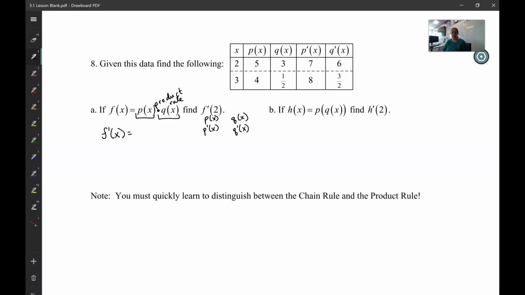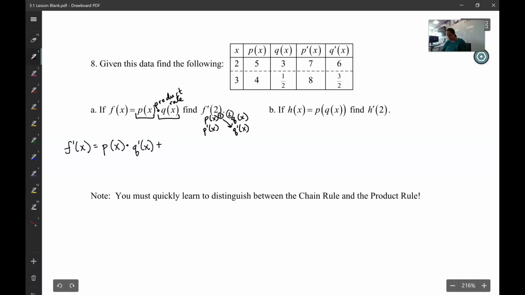We don't know what they are specifically, so we just label it generally. And then product rule, I'm going to start on the left and do my diagonals. I need a little bit more space than this. So f prime of x is going to be, first one, p of x, times, do my cross, q prime of x, plus, because this is product rule, now I do my other cross, q of x times p prime of x.